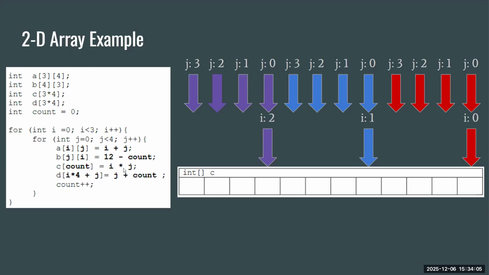And it's going to do I times j, where I is 1 in the second iteration of the outer loop. And then it's going to multiply it by 0, and then 1, 2, 3. And then that's the end of the inner loop.